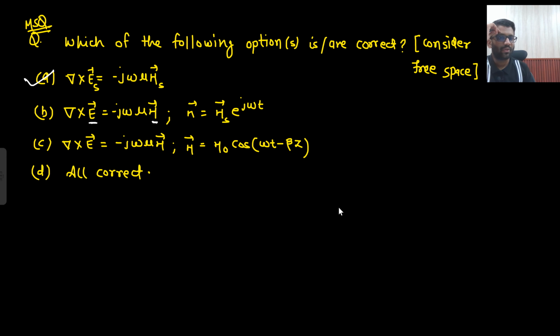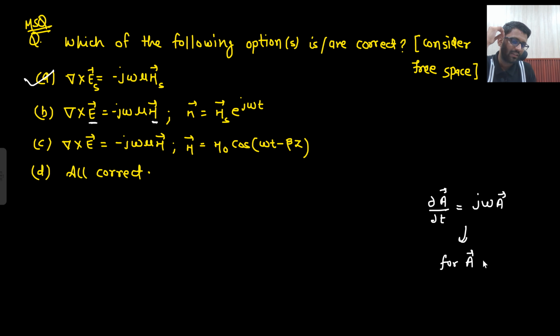Usually it is not correct, because I told you dou A by dou t is equal to j omega A only if your A is e to the power j omega t. Yes, it is true here, because my H is Hs e to the power j omega t. But if it is a cos function, then it will not work, and all correct cannot be there. So A and B are correct.